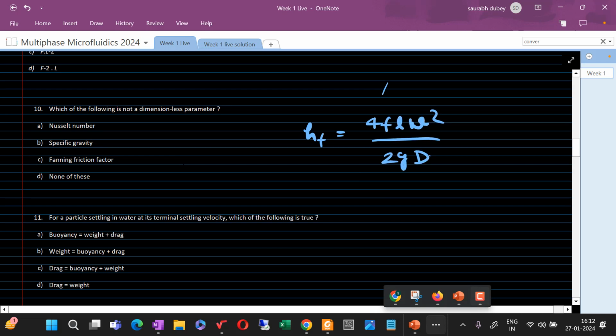This f is a factor with no unit. And specific gravity is weight per unit mass, rho g. So B option will be the correct answer.